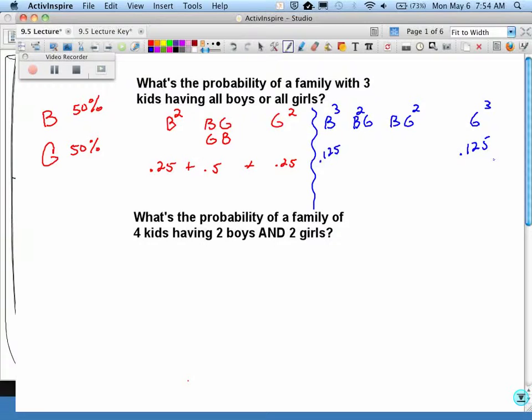So with the boys, what's 0.5 squared times 0.5, which is 0.25? You can just type it in a calculator.